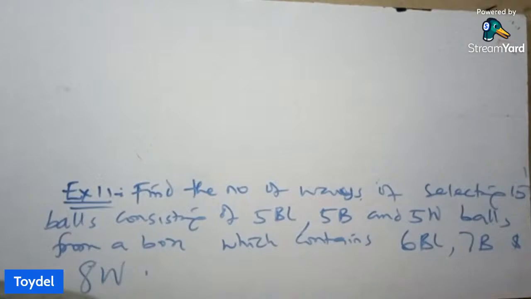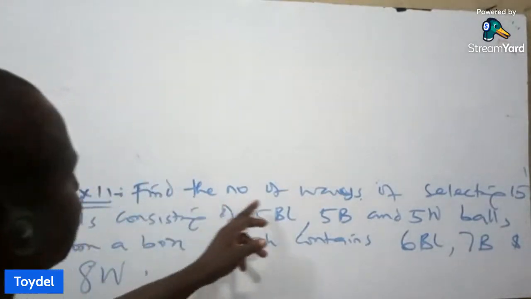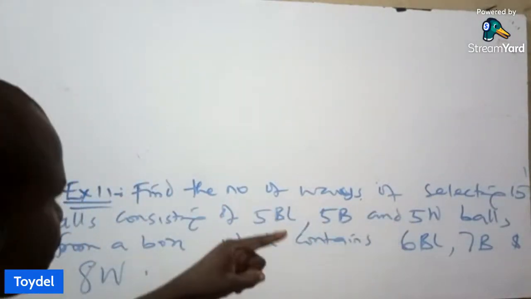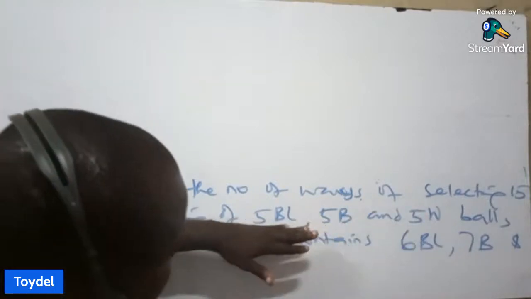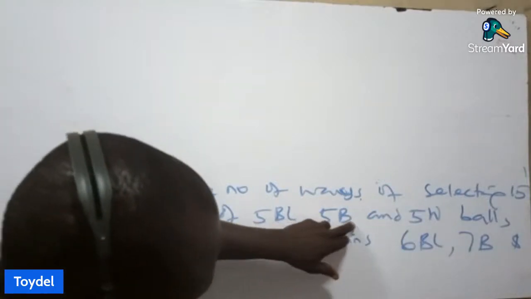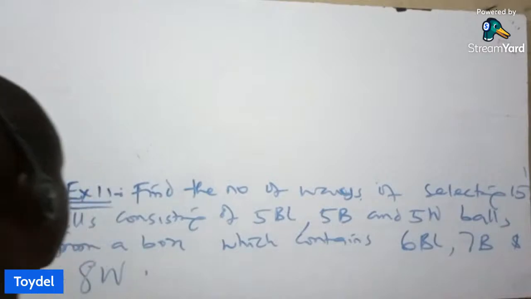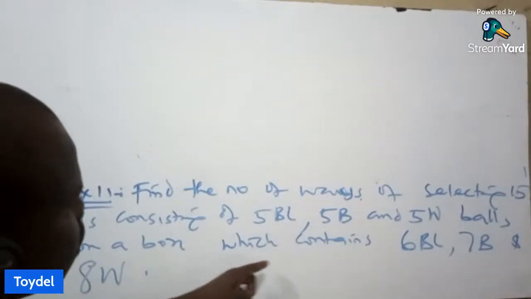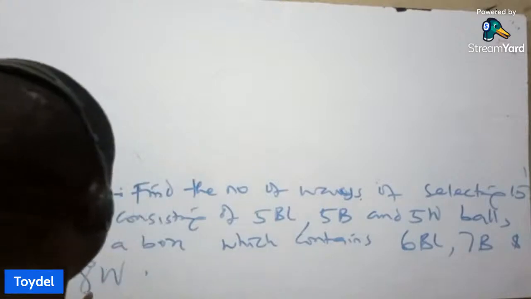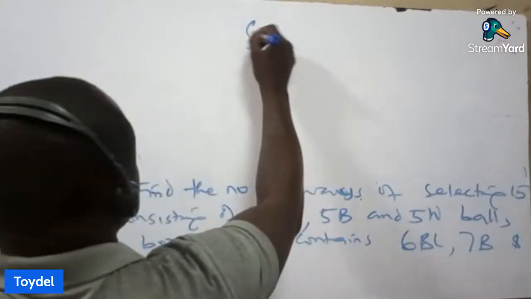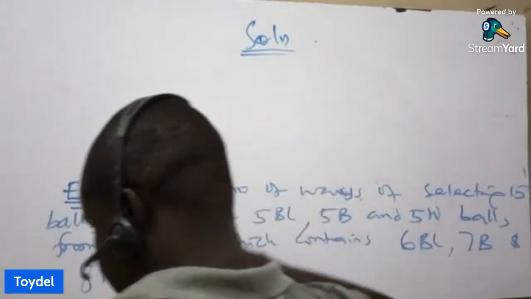That is the question. We want to find the number of ways of selecting 15 balls consisting of 5 black, 5 blue, and 5 white balls from a box which contains 6 black, 7 blue, and 8 white. Solution. How do we select this?